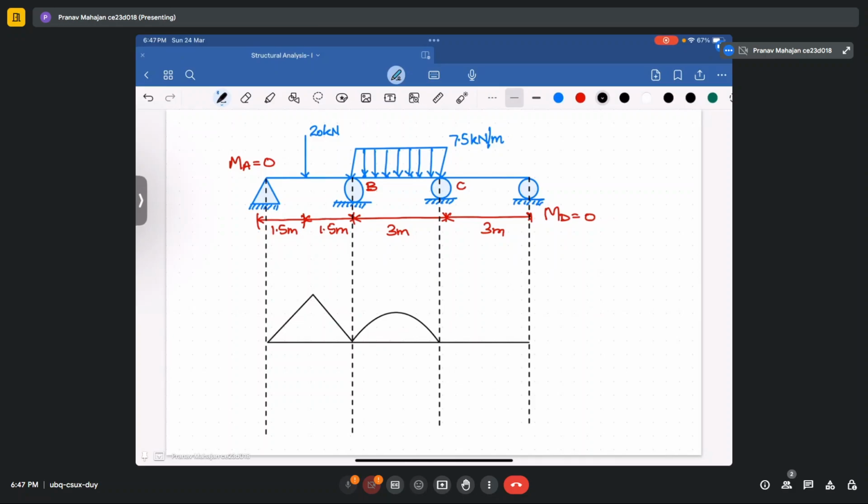Okay. Now you have to define the moment that you have calculated. That is MB. MB you have calculated as minus 9, so it will come here in between, and then MC is minus 1.8. It will come around here. So if you make it like this, the shaded region will give the bending moment diagram of the beam.